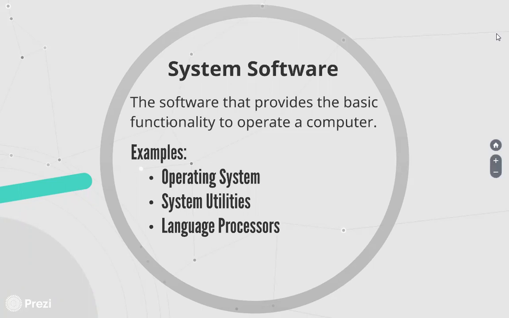They perform system operations like managing the hardware, managing the memory, managing file management, managing different peripheral devices attached to it. So any software which is directly working with hardware is system software. Examples are operating system, system utilities, language processors.